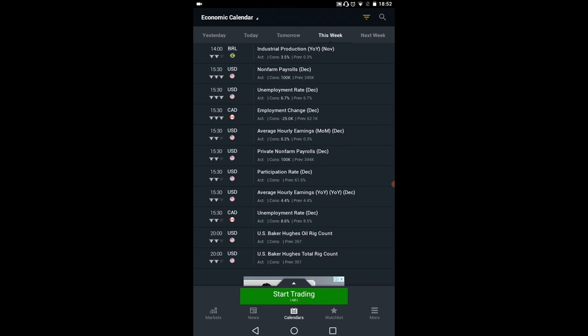Spread manipulation happens with every single event, most events that are high impact. Let's say you decide you want to trade USD, say USD CHF, for NFP.